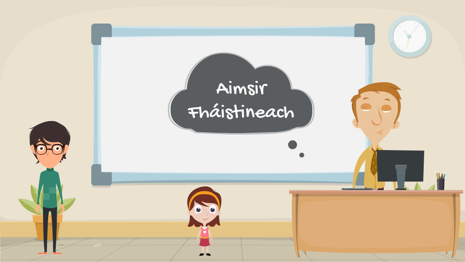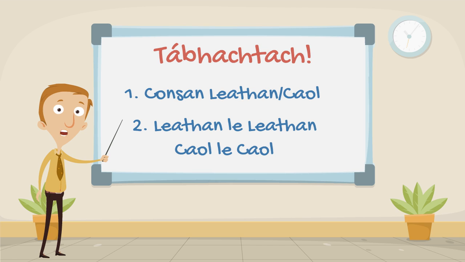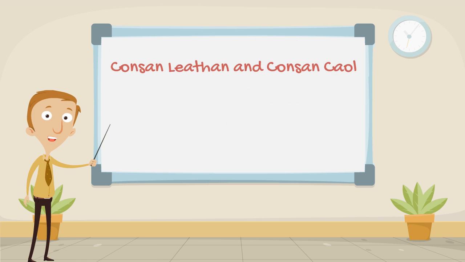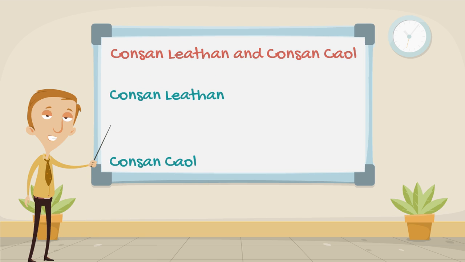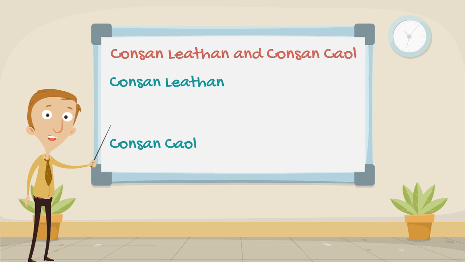Before we dive into the tenses, there are two very important grammar concepts that need to be crystal clear in your mind. So here's a little refresher for you. First up is the Cunsan Lahan and Cunsan Quail rule. In Irish, a word either has a broad consonant, Cunsan Lahan, or a slender consonant, Cunsan Quail.